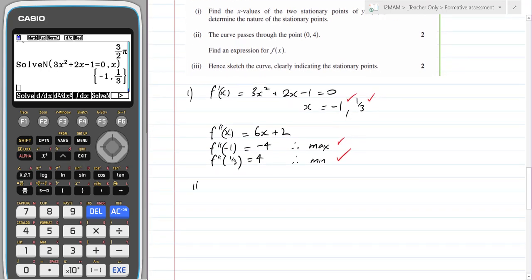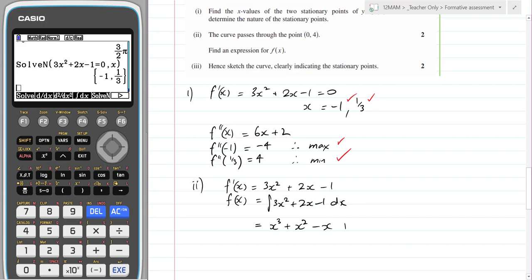Question 2, a curve passes through 0, 4, find an expression for f of x. So we've got f dash of x is equal to 3x squared plus 2x minus 1. And this is nice, 3x squared. You got the 3 there already. That means that f of x is equal to the integral of 3x squared plus 2x minus 1 dx, which is equal to x cubed plus x squared minus x plus c.